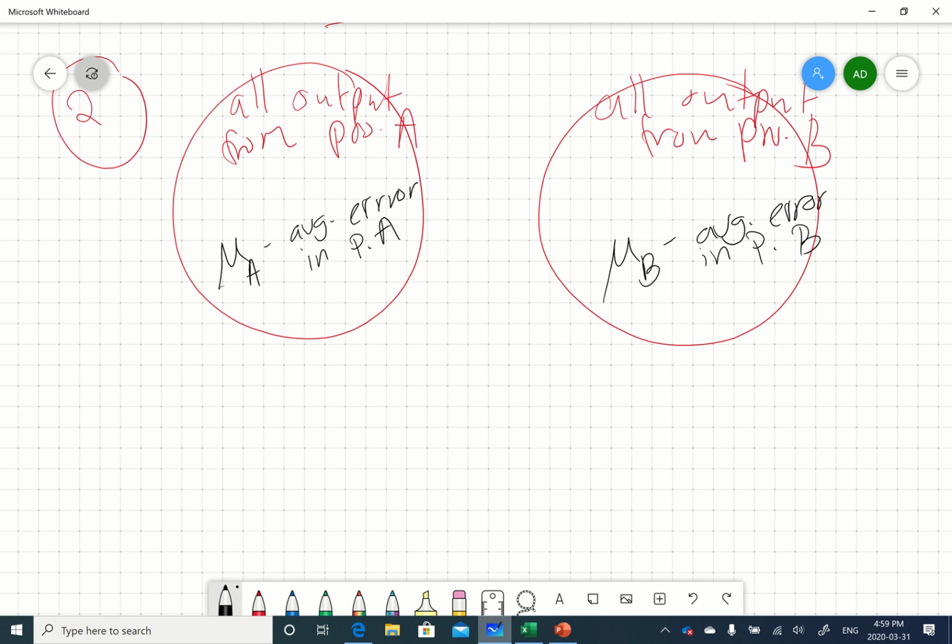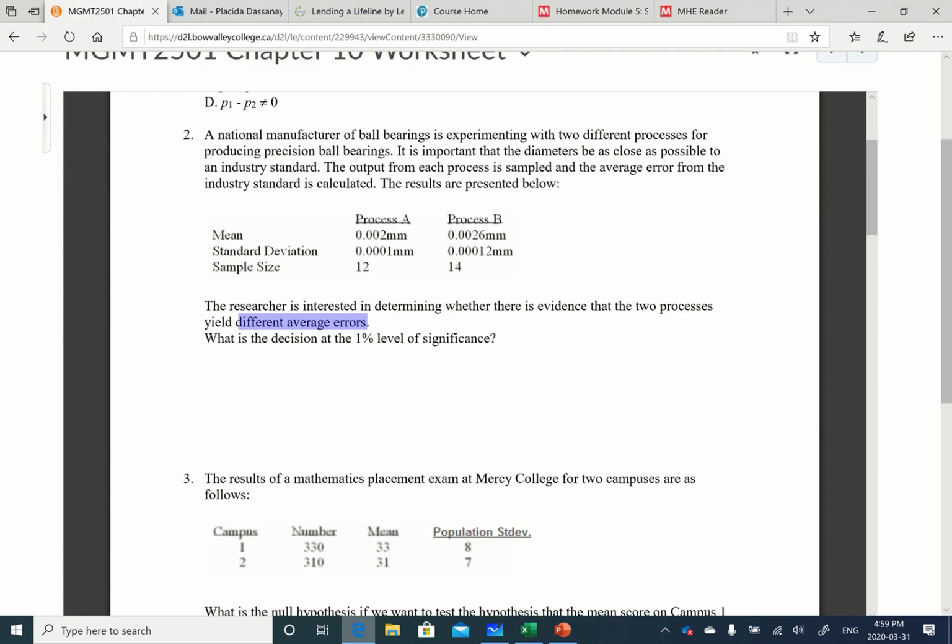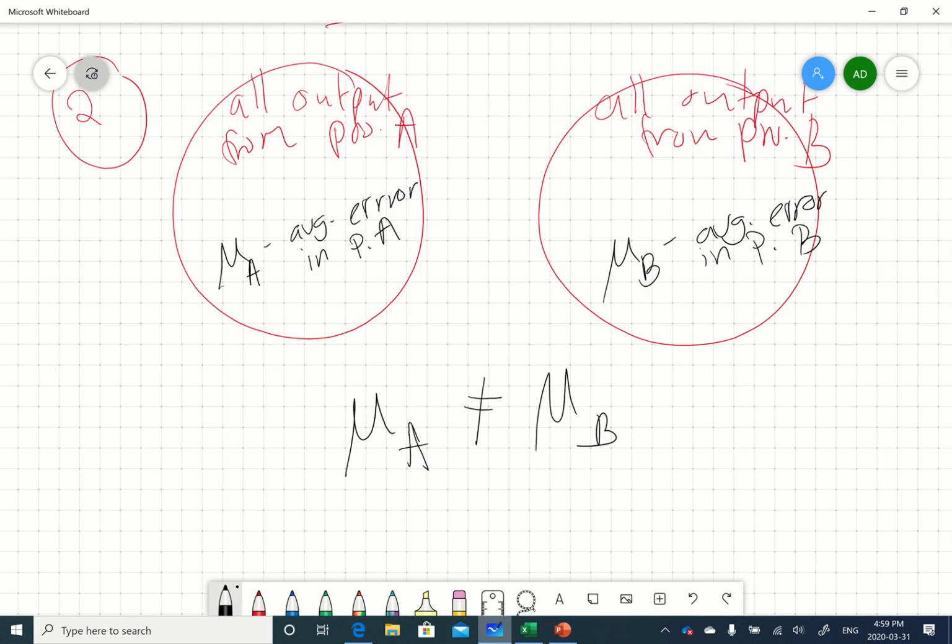What they want to test is whether they are any different. Are they not the same, right? So go back again, read the last one. The researchers are interested in determining whether there is evidence that the 2 processes yield different average error. So that's what they want to test.